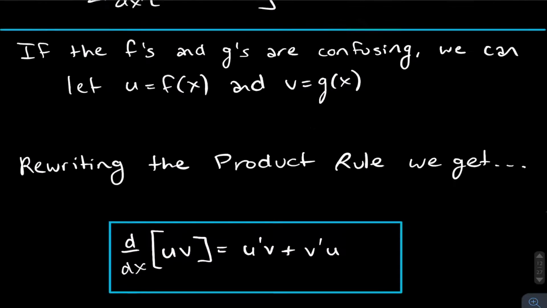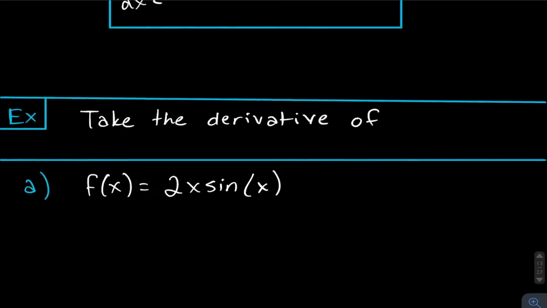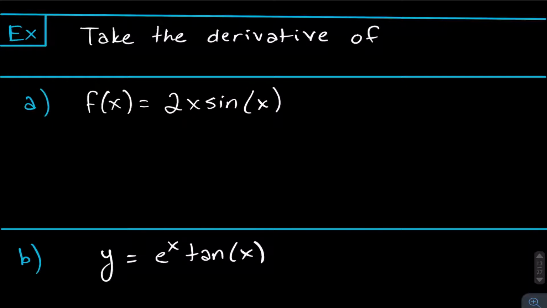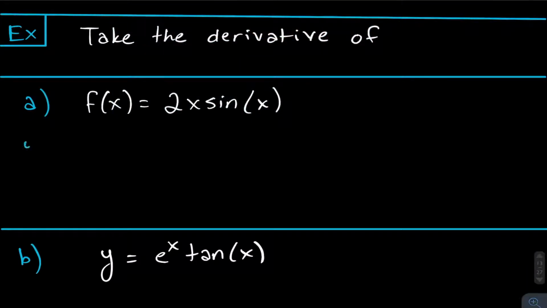Going back to the case before, 2x would have been our u, because u equals f of x, and v would have been g of x, which is sine x. Let's do some examples of this. Let's take the derivative of 2x sine x. We already mentioned that our u is 2x, and our v is sine of x.